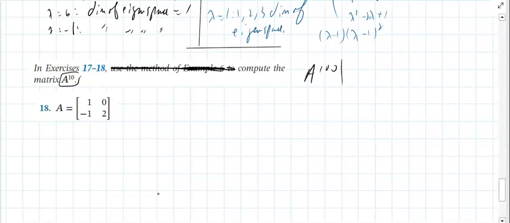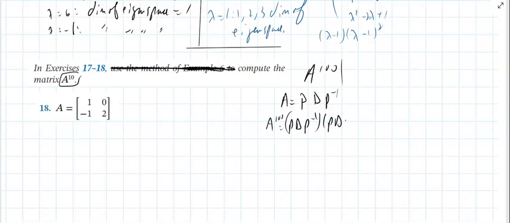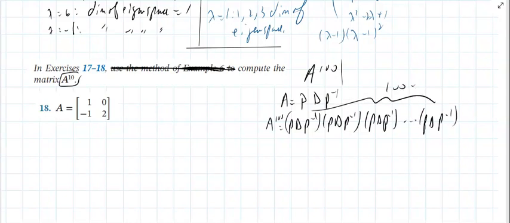If I can take A and write it as P D P inverse, A to the 100 would be P D P inverse 100 times. But isn't that I?